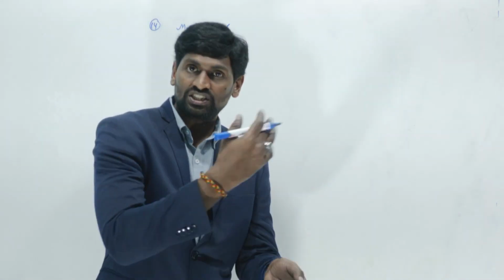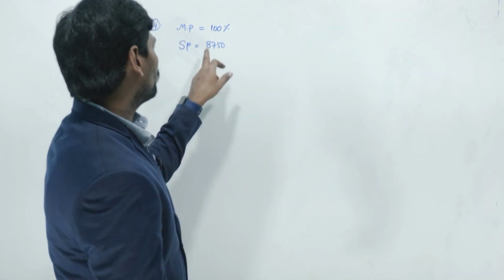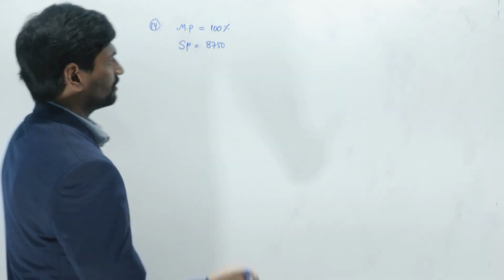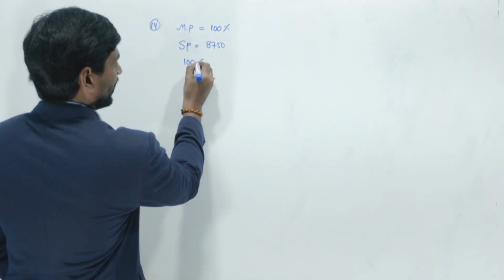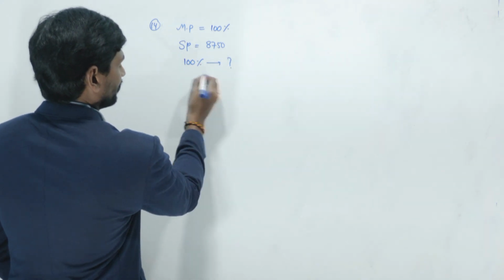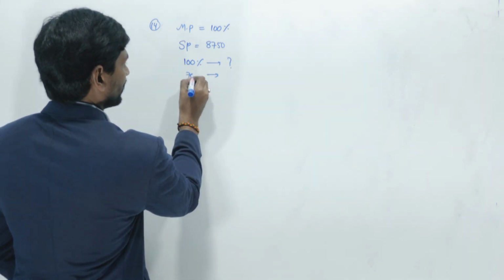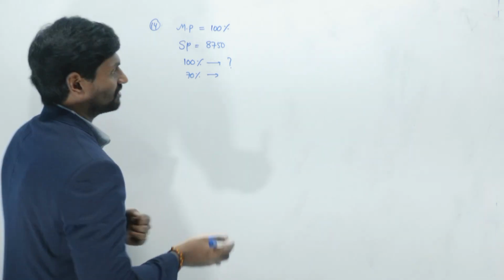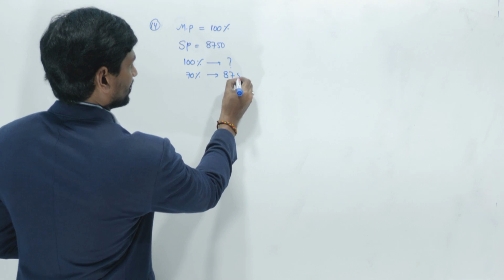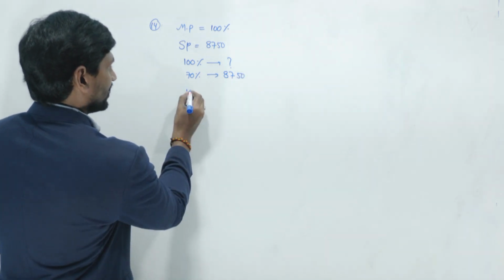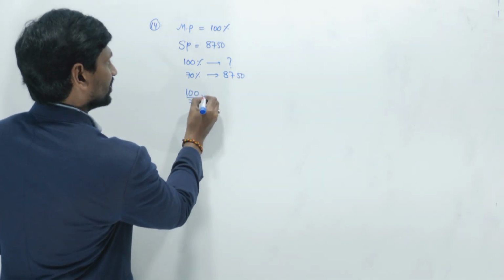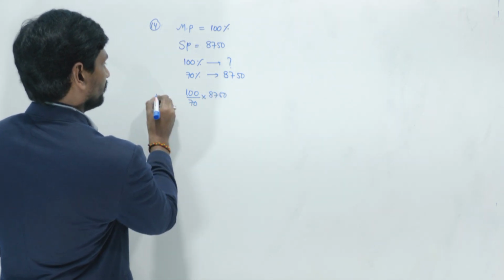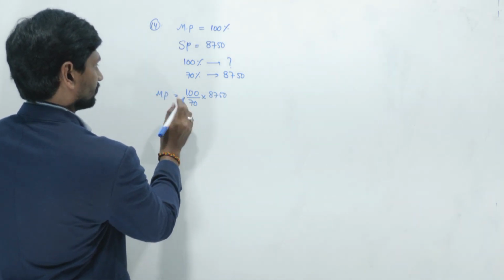That means after discount 30%, he sold for 8,750. That means we should find the 100% value, but we know the value of 70%. After discount 30%, the remaining 70% will be there. So 8,750. Let us find the 100%: 100 by 70 into 8,750. This will be the market price.